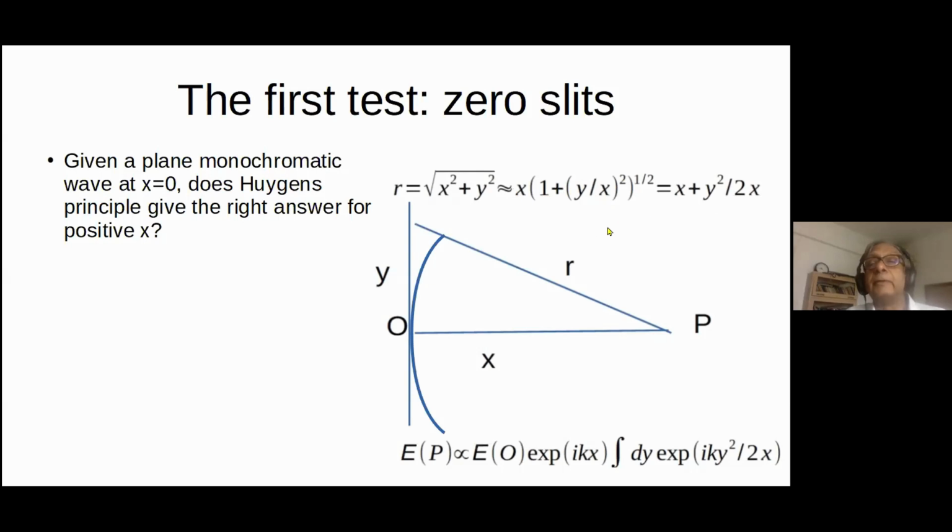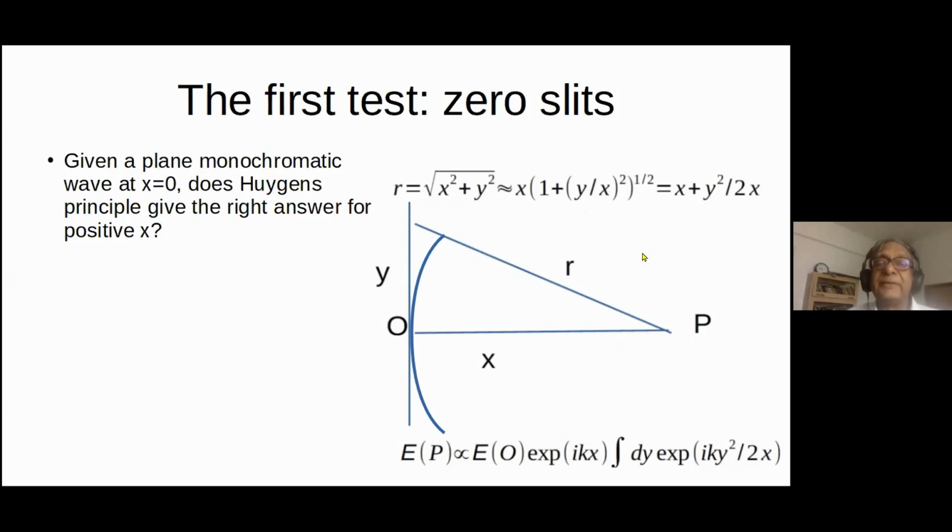So when you do that, you get r equal to x plus an extra piece, which is y squared divided by 2x.